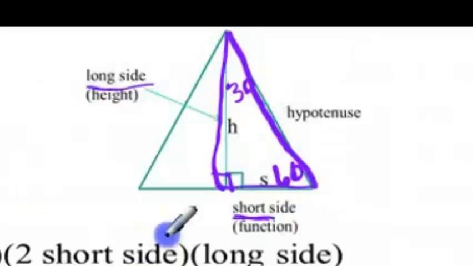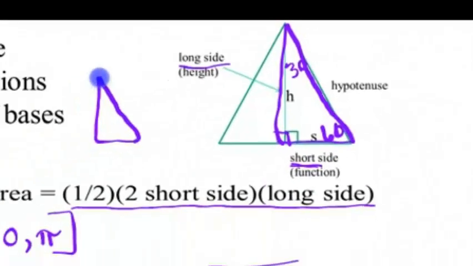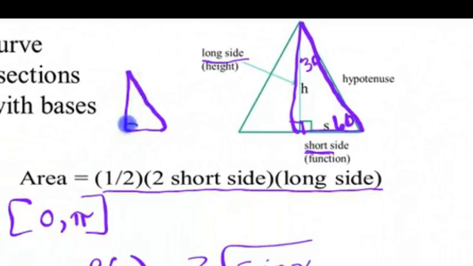And the relationship is that the short side we'll call S. We can write the long side, the distance of the height, in terms of the short side. And it turns out that the height is the square root of 3 times the short side.